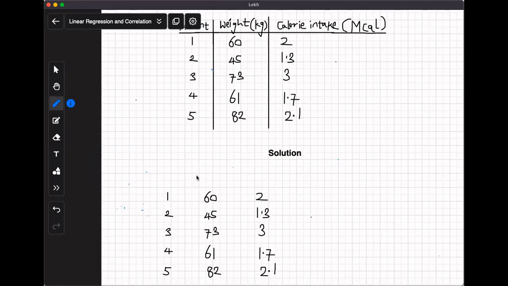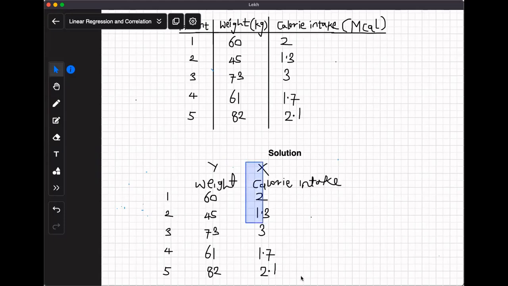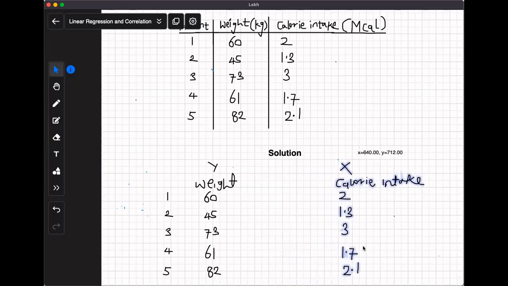So let's call this weight, and we call this our Y. We'll call this one our X, and this is calorie intake.